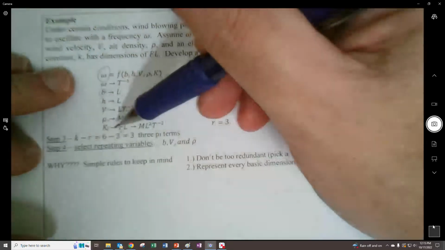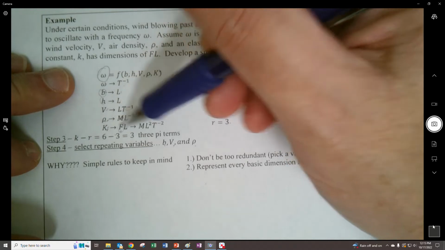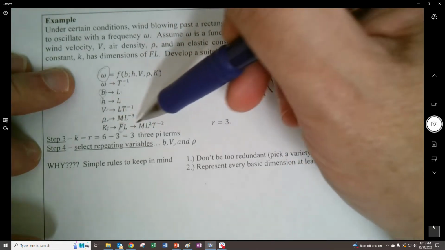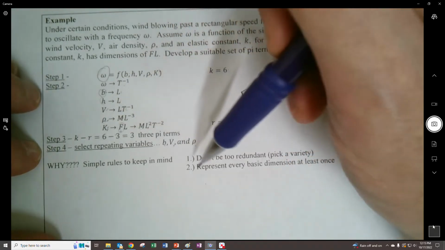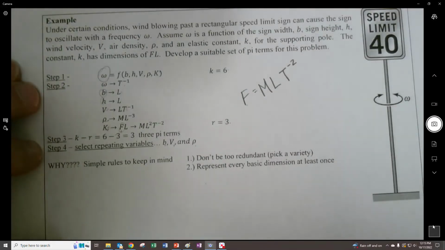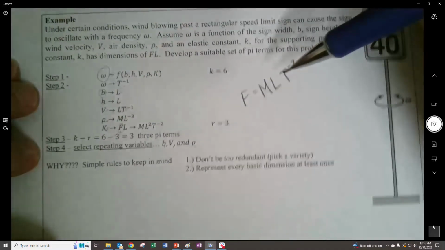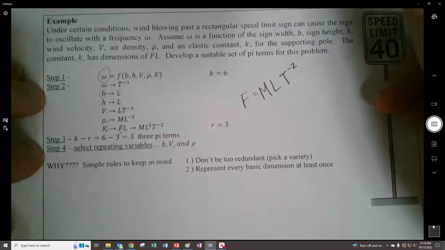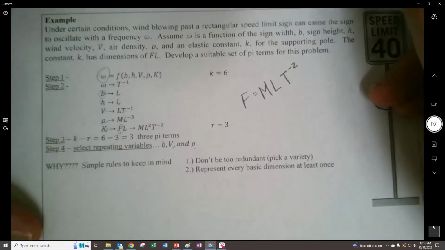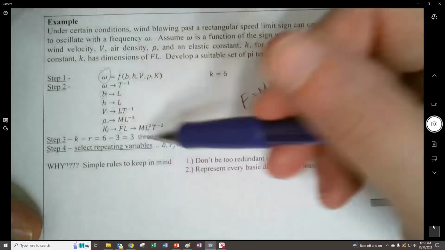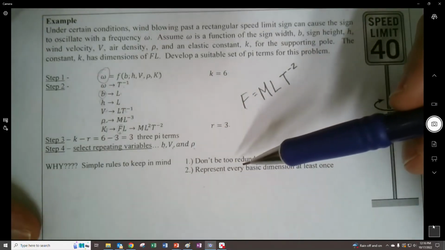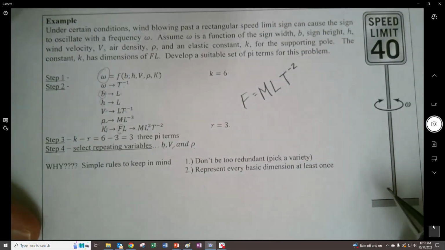You could probably make it work out with stiffness, but it might complicate your life because, remember, we're doing all of this to try to get exponents. So the more complicated we make it, the harder our little math is going to be in the end. We would get a totally different result if we picked K as a repeating term, by the way. But let's just see how this works out in this problem.